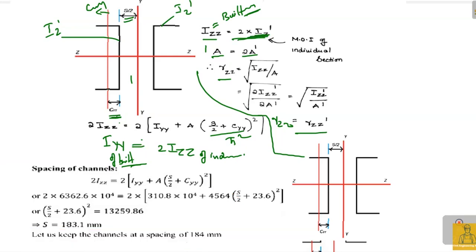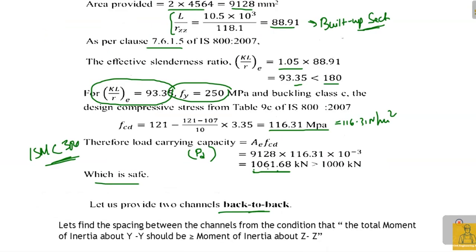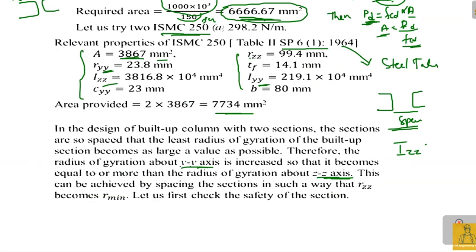IZZ is equal to 2 times IZ, right? So here what we do is, IYY of the built-up section is taken to be equal to IZZ of the built-up section. So IZZ here is 2 times the individual moment of inertia about ZZ, which is already obtained from this value.